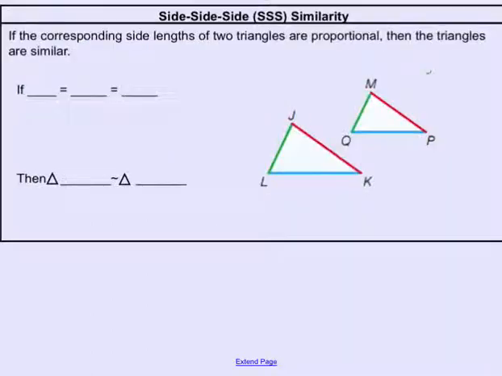Let's take a look at another theorem. If corresponding side lengths of two triangles are proportional, then the triangles are similar. So if they're all proportional, then they're similar.